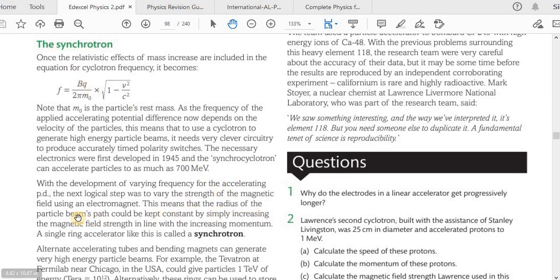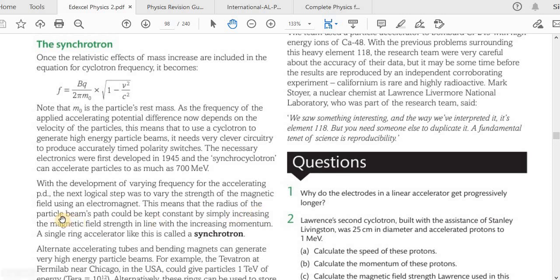This means that the radius of the particle's beam could be kept constant by simply increasing the magnetic field strength. Now remember, with an electromagnet, you can change the strength of the magnetic field by changing the amount of current in that electromagnet. So this way we can adjust the B.